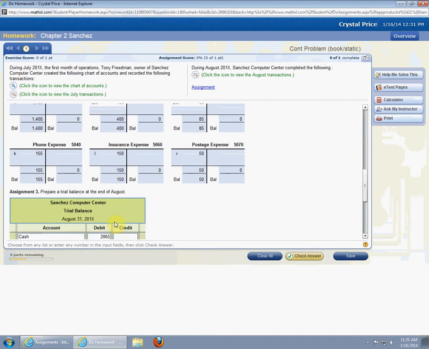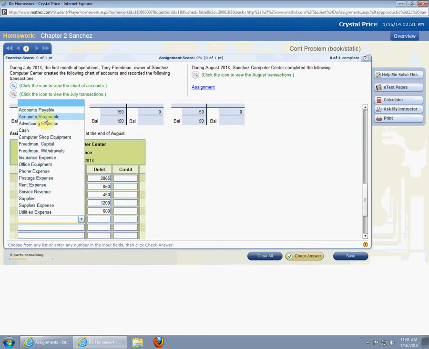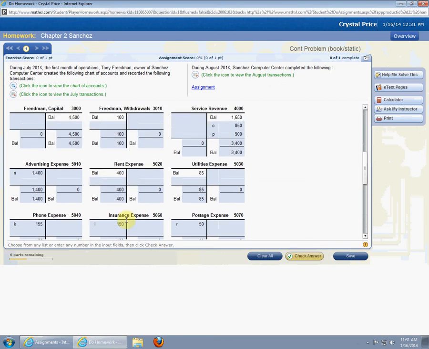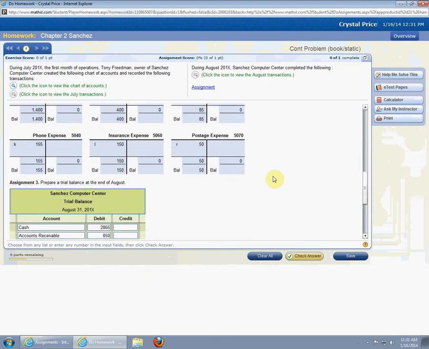Accounts payable is a credit of $405. You know how you get that? Because if you go back to your T accounts, all you're doing is transferring the balances to the trial balance in the order that they appear.